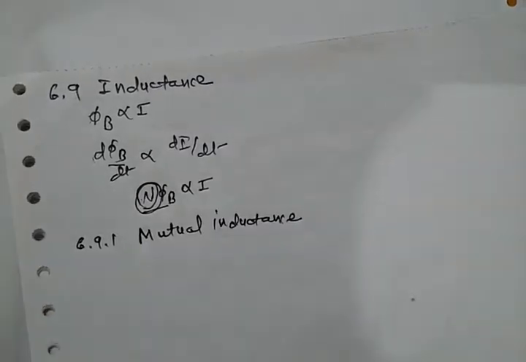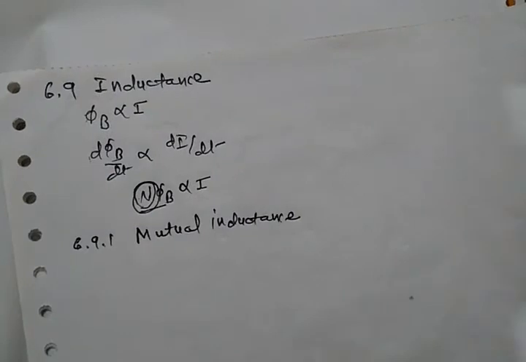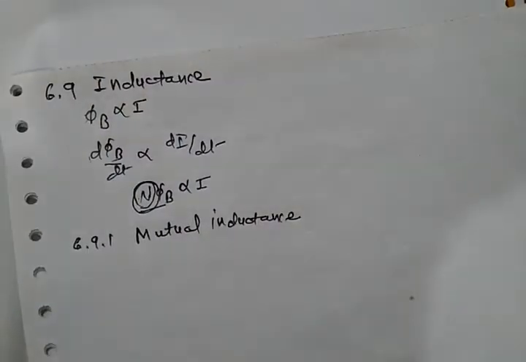In this case, coaxial solenoids, each of length L. Now the radius of the inner solenoid S1 is R1 and the number of turns per unit length is N1. Corresponding quantities for the outer solenoid S2 are R2 and N2.